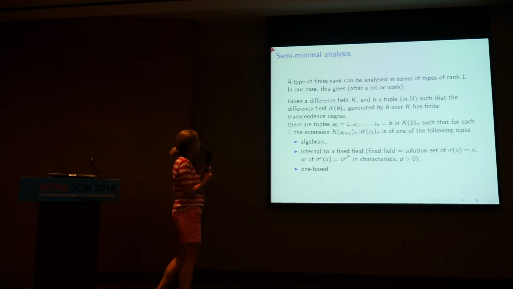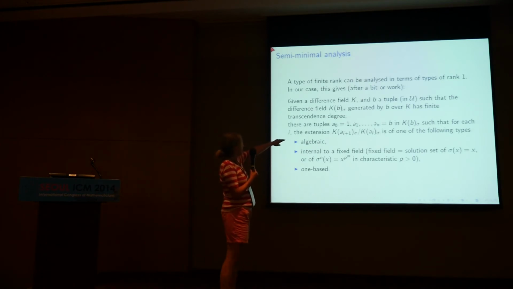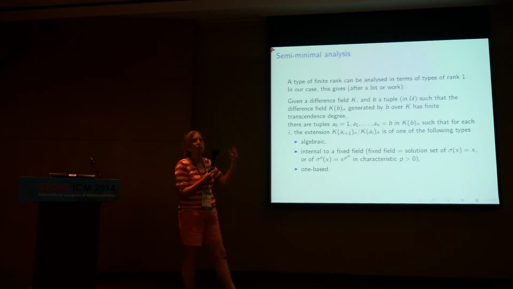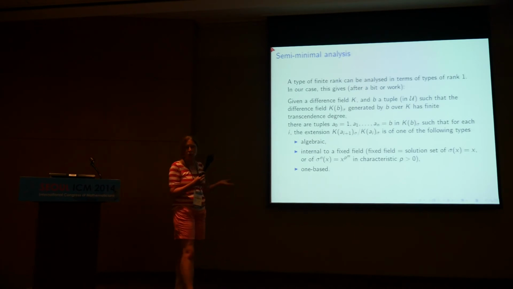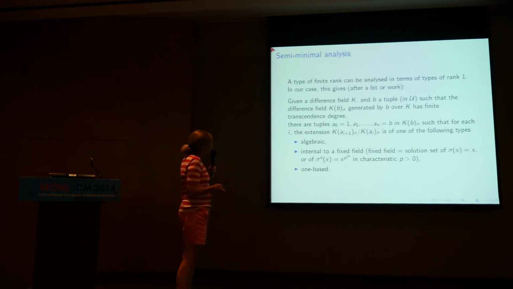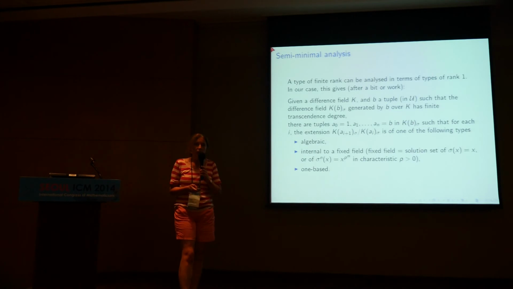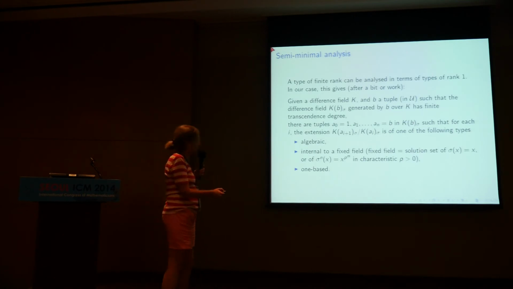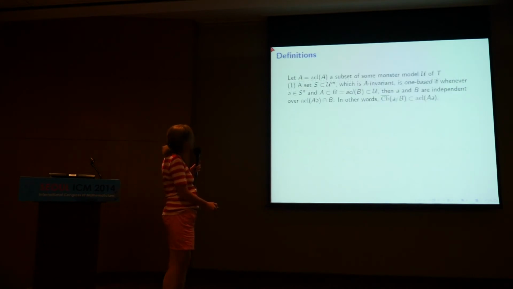That means that if you look at the difference variety defined over K, over A_i, sigma, of which A_{i+1} is a generic, then this embeds into the fixed sigma-rational points of the variety. Or the third possibility is that this is one-based. One-based is this wonderful property that makes things work. We are going to see a bit more about it later when I give the definition.